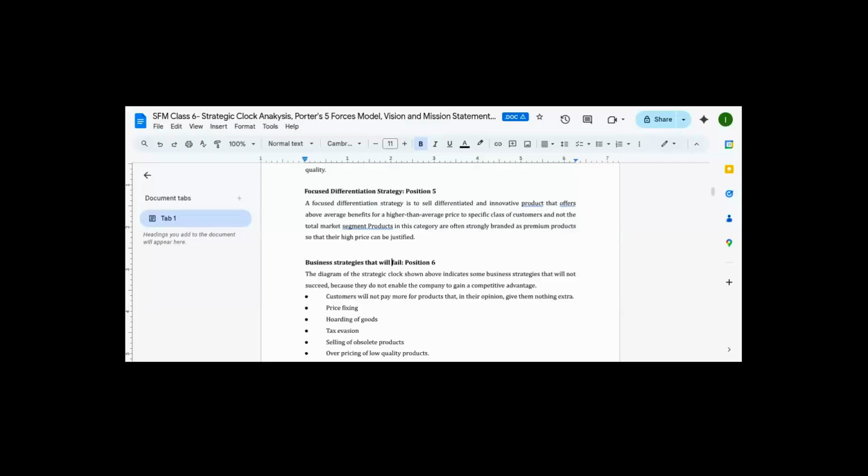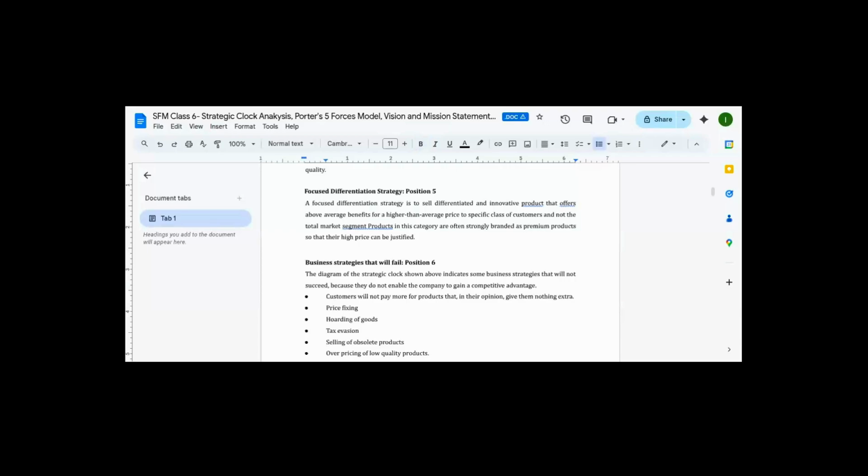So among the strategies that we must avoid, that fall under the sixth strategy, are price fixing, which we also call price cartel.